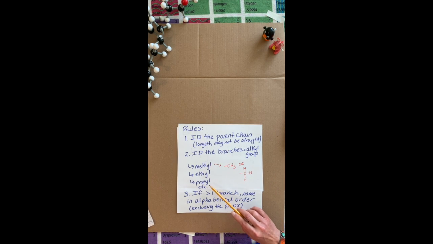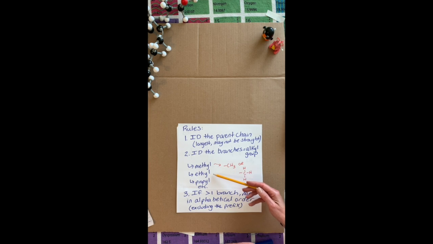The second rule is that we're going to identify and name the branches coming off of that parent chain. These branches are known as alkyl groups. So I'm just going to give you 3 examples, but there are many others.